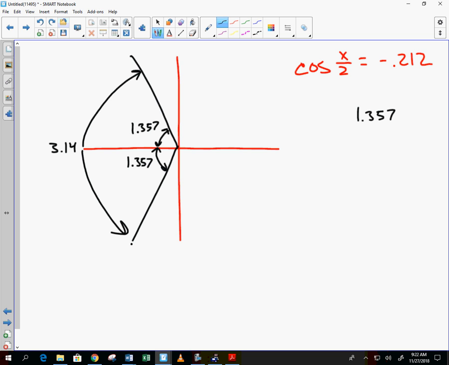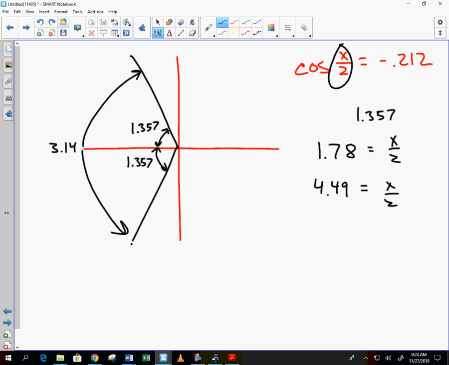What were the two measurements that we came up with? Now, when we inverse the cosine, we got rid of cosine. What remains? So what do I do to solve for x?